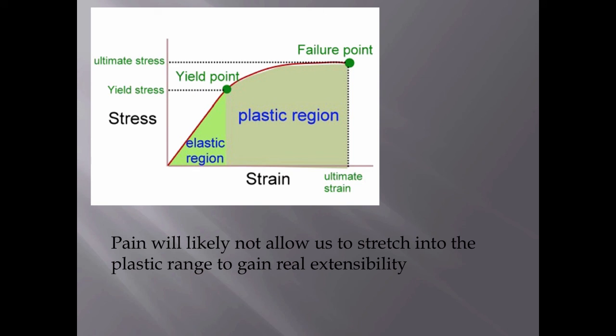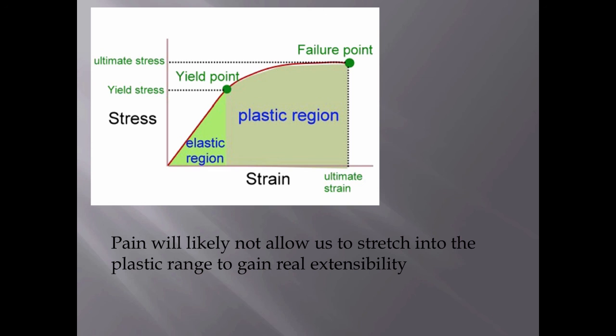So to truly get a change in extensibility, you have to get into this plastic region, this large region from the yield point to the failure point. As you place stress onto a muscle, stretching it, the stress goes up quickly to the yield point, and that's the elastic region.